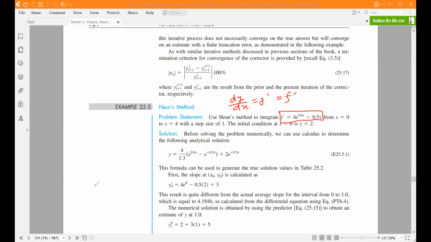So is it not a function of x and y? Yes, sir.